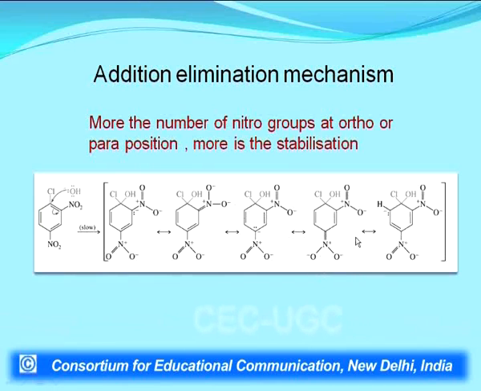So, more is the number of nitro groups, more will be the stabilization of this sigma complex. So, lesser will be the activation energy required for the formation of this sigma complex, and easily reaction will proceed, or we say reaction will proceed at a faster rate.